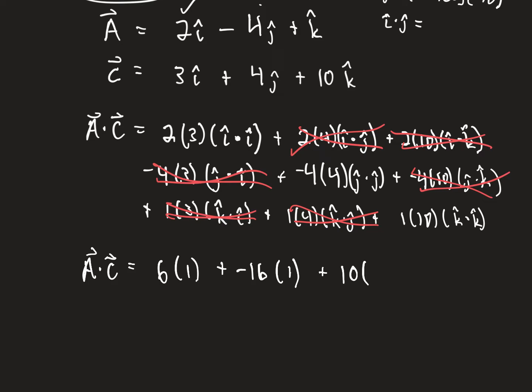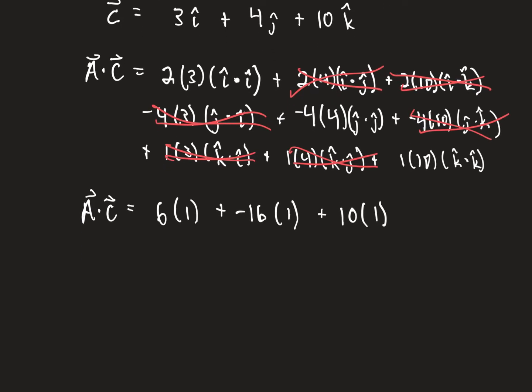And what's k dot k? 1. So is this my final answer? No, let's add it up. What's 6 plus negative 16 plus 10? 0. Holy crap. A dot c equals 6 plus negative 16 plus 10 is 0. The dot product is 0. What does that mean for these two vectors?